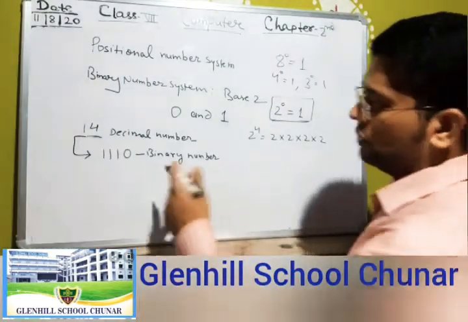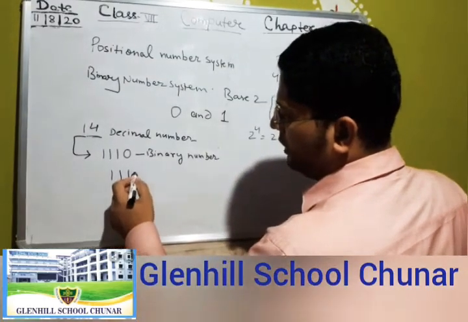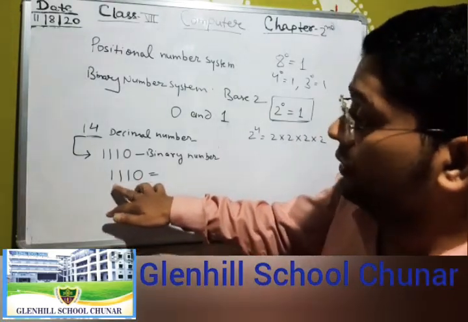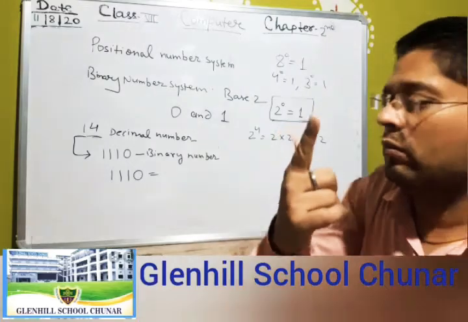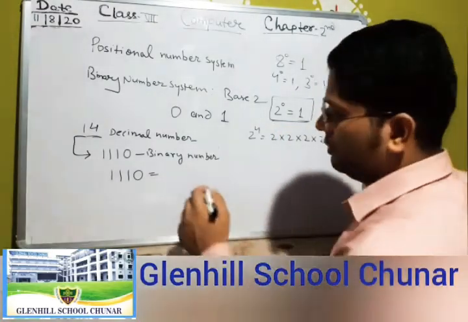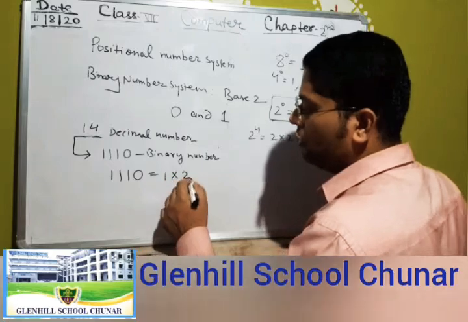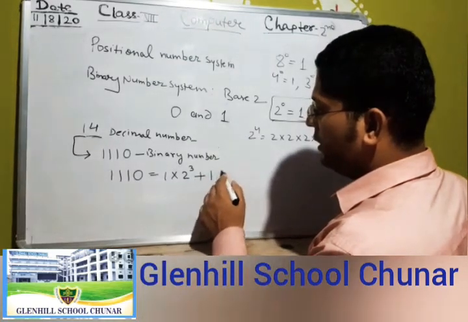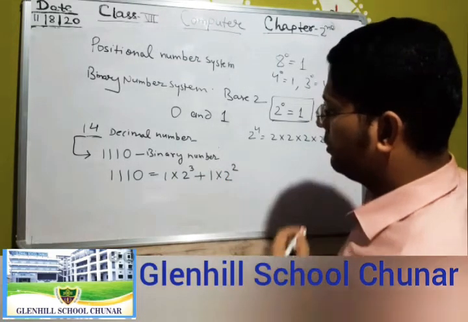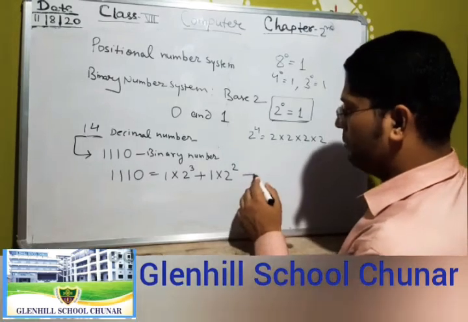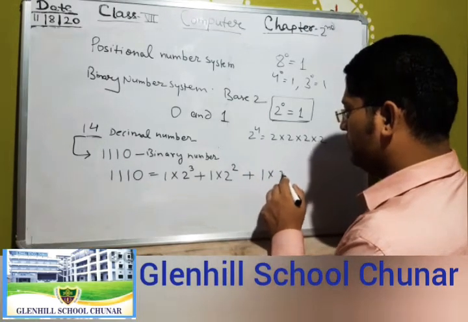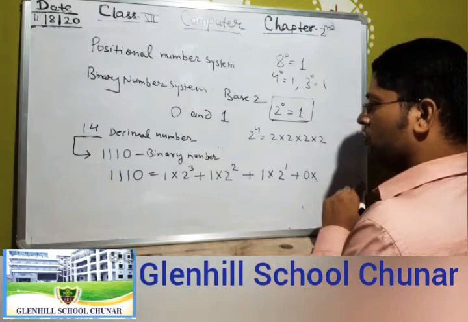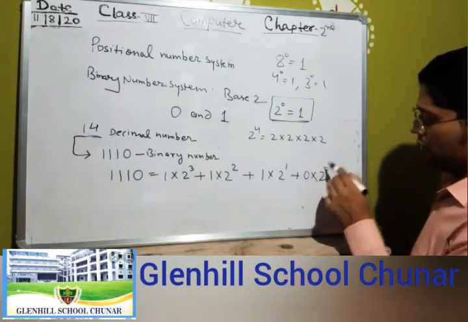Okay, student? So look, 1 1 1 0. Count the digits, total 1 2 3 4. So less one, that means 3. So start with 1 into 2 power 3, plus 1 into 2 power 2, plus 1 into 2 power 1, plus 0 into 2 power 0.